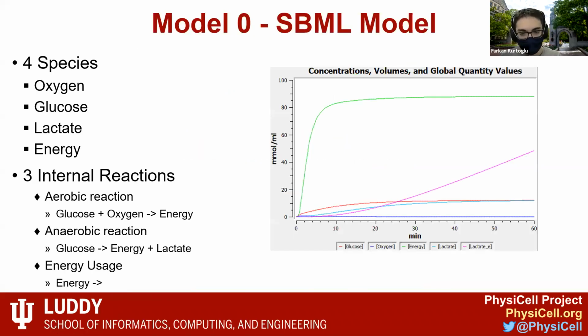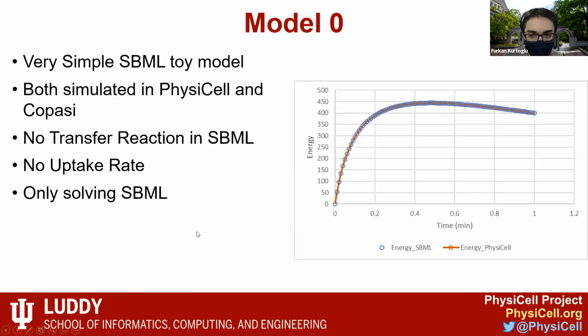So I just want to show some results. I have a toy model with 4 species: oxygen, glucose, lactate, and energy. Oxygen and glucose are consumed, and lactate and energy are created by the reactions. This is a very simple toy model, and both are simulated in PhysiCell and Copasi.